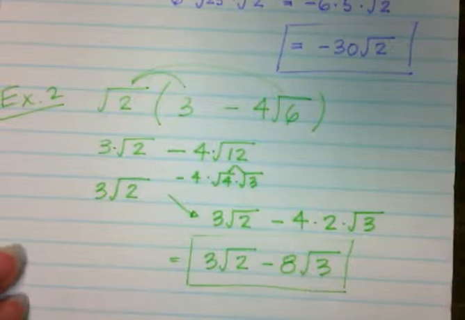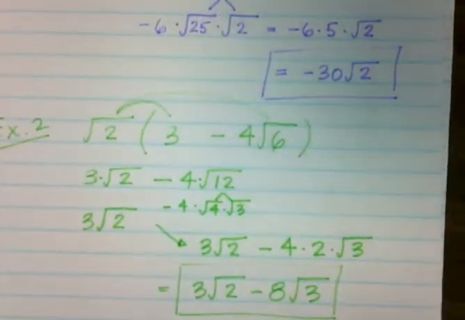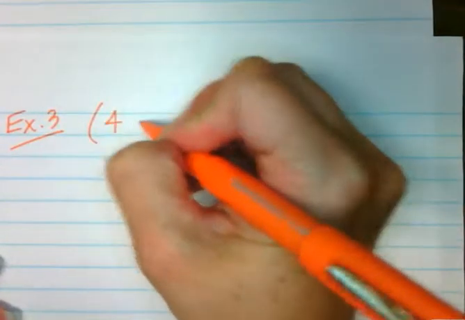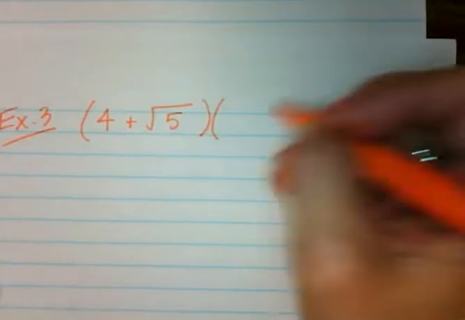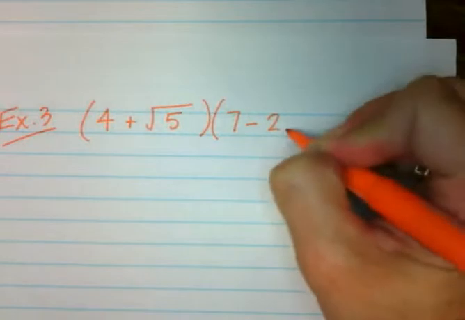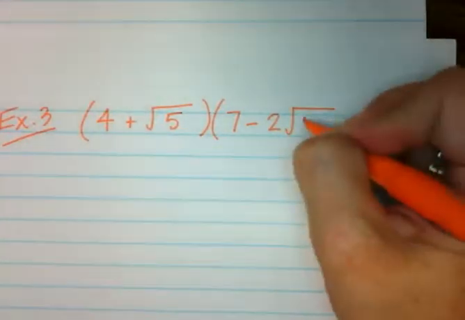All right, the last type of multiplying that we have is multiplying that involves FOILing. So, for example number 3, let's do 4 plus the square root of 5, and we can multiply that to 7 minus 2 square root of 15.